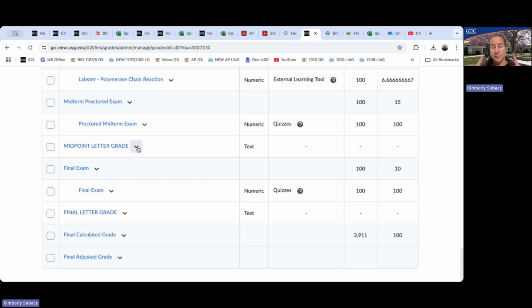Sometimes the proctored midterm window extends past the midpoint grade, so we do the best we can. If you chose the very first day in the window to take your midterm, usually you're totally fine. That midterm goes in, your exams all get updated, your grades are updated, and everything's current. But if you're in the tail end of the midterm window, sometimes that goes past the deadline to drop, and we're putting in a letter grade for you without that midterm exam.